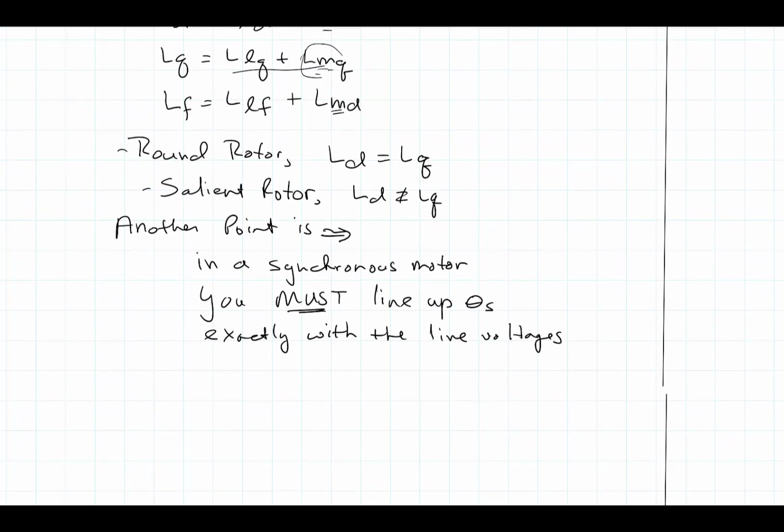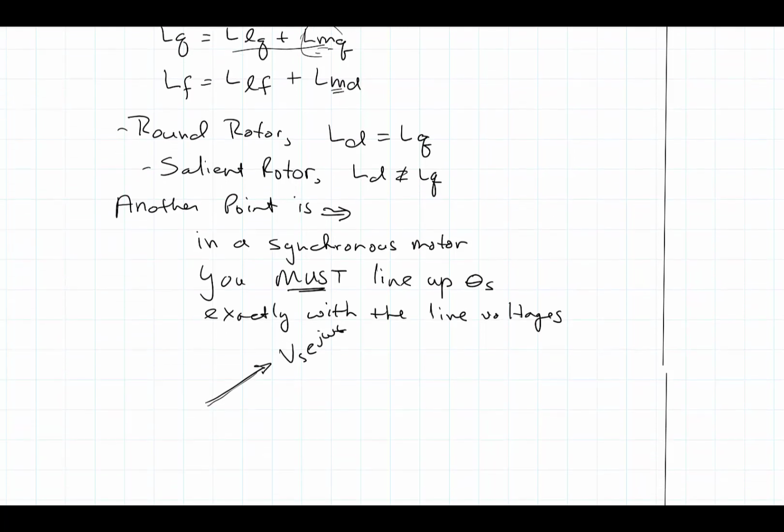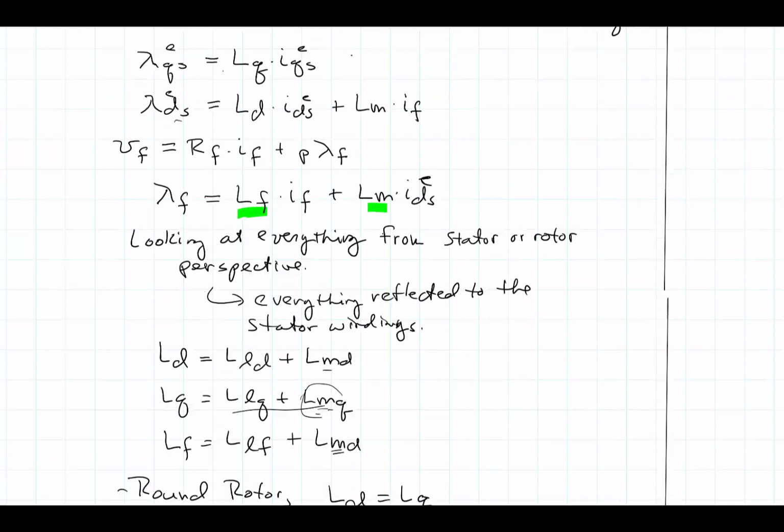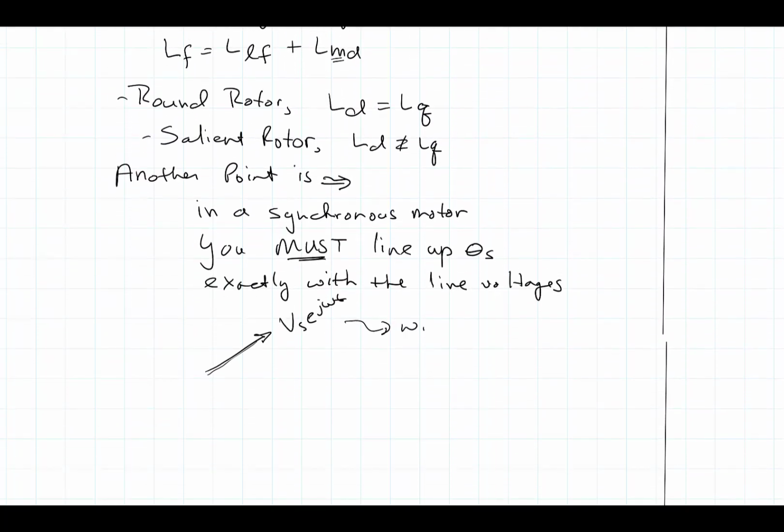What I'm really talking about here is, say, your Vs e to the j omega t, and there is a voltage that is really related to this term right here. So that's the omega r lambda ds. We've got our q-axis and our d-axis here that's rotating.